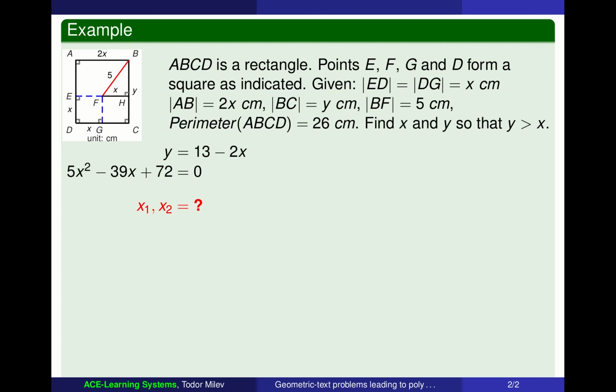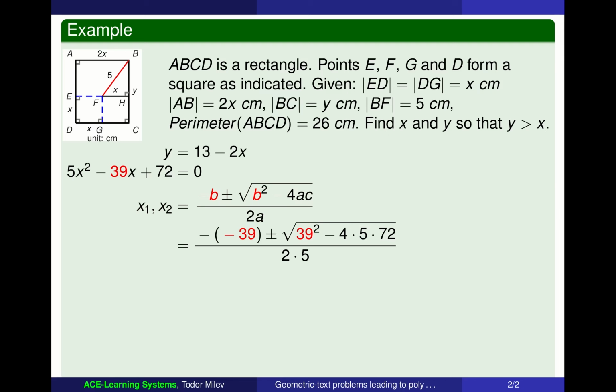Okay, now let's solve this quadratic with the quadratic formula. What are the two solutions to this quadratic equation? Well, I'm sure you have guessed it, the two solutions are given by the formula minus b plus or minus radical of b squared minus 4ac over 2a. Of course, I didn't want you to give me the final answer. I wanted you to give me the formula for solving the quadratic. Now, simplifying that formula is going to take a while.